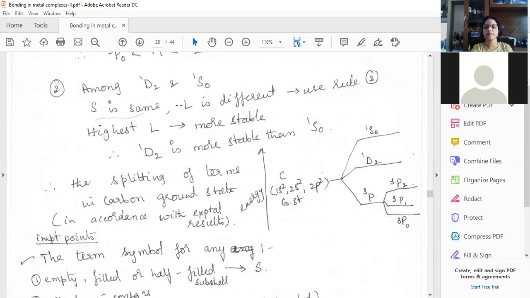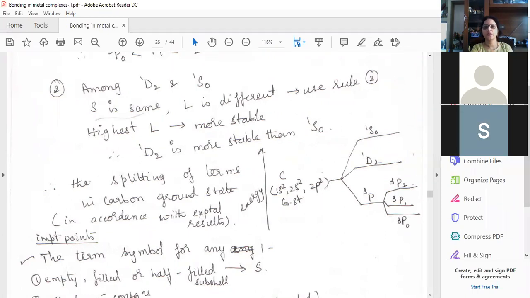Here S is the same, so L is different. One is a D term, one is an S term. So I should use rule number 2. Whichever has the highest L will be more stable. Among these two, the more stable one is singlet D2.